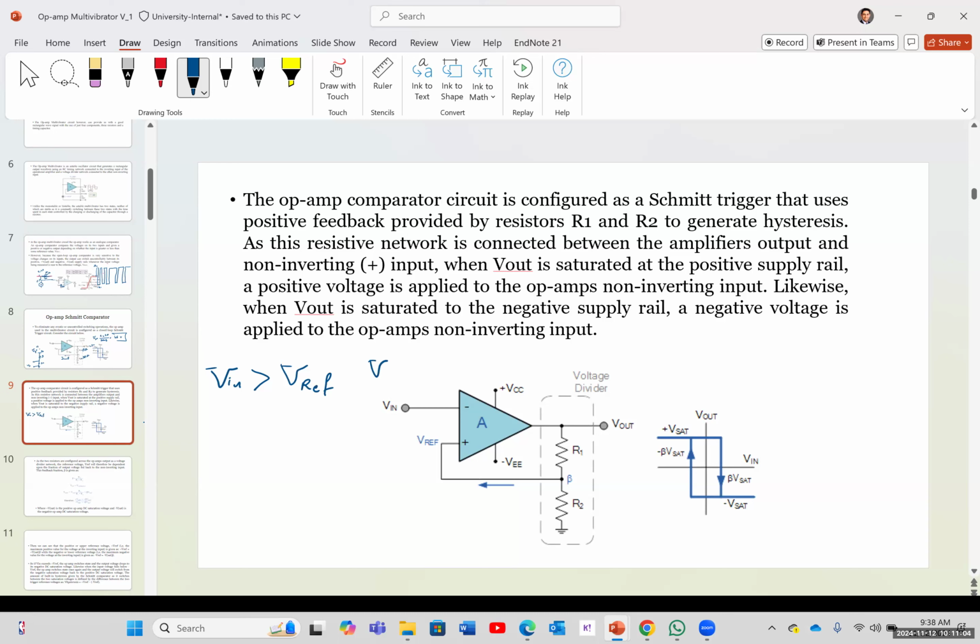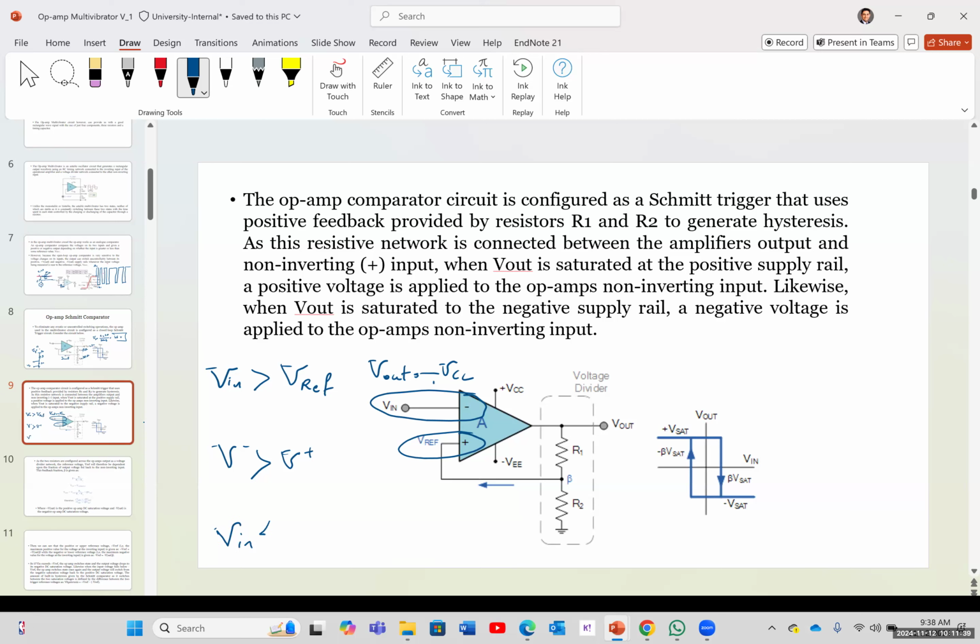What is V out equal to? Vn greater than V reference means V negative is greater than V positive. Am I correct? Vn is actually our negative voltage, and V reference is our positive voltage. Assuming this has a very high gain, when V negative is greater than V positive, V out would be equal to negative VCC.